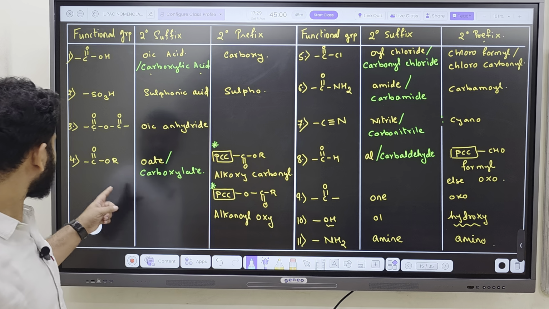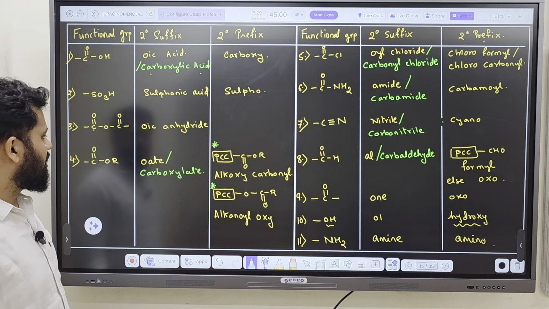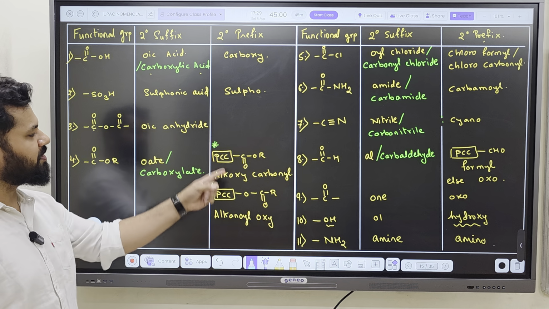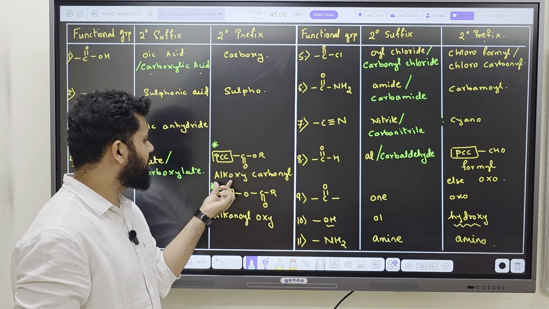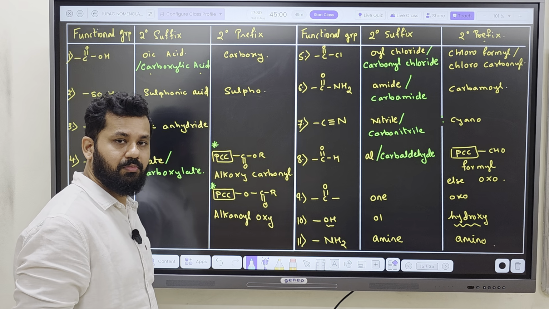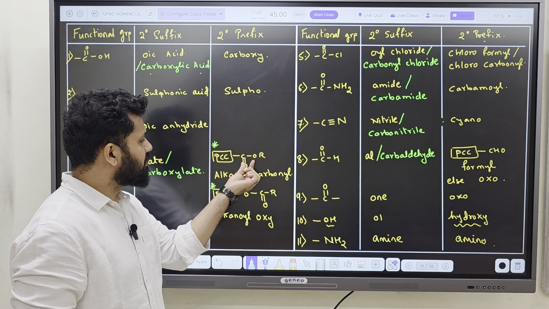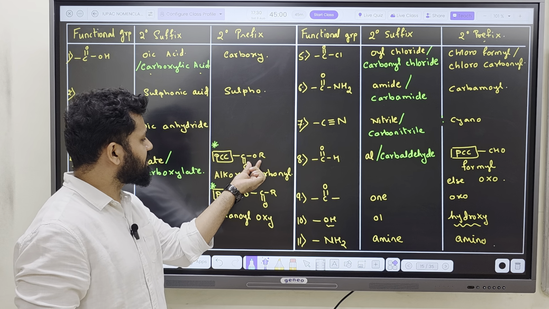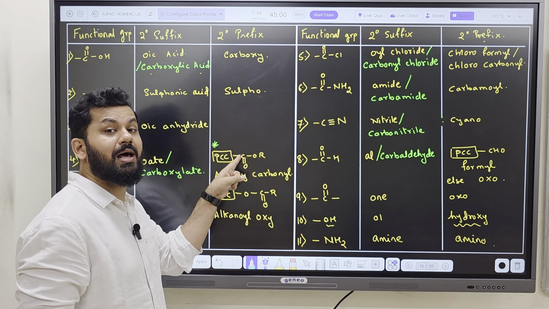Coming next to the ester functional group. Ester functional group, the prefix is very important. There are 2 sorts of prefixes we have. One is alkoxycarbonyl and other is alkanoyloxy. If you carefully see, if the ester functional group is connected with PCC through C double bond O, this is called carbonyl group.